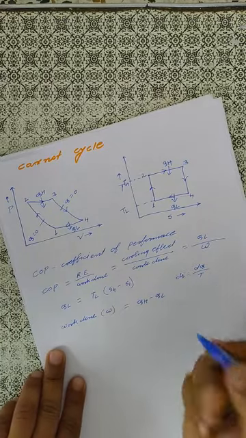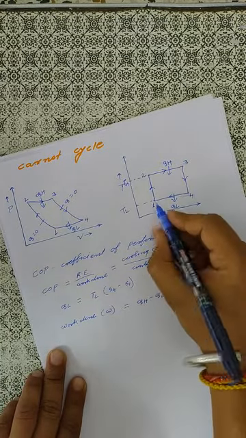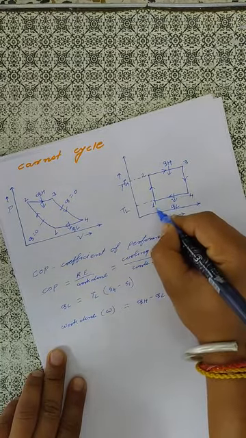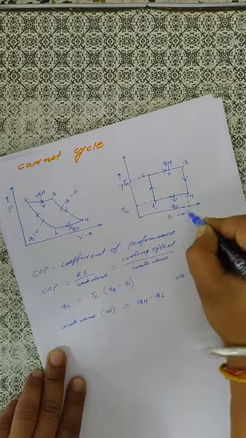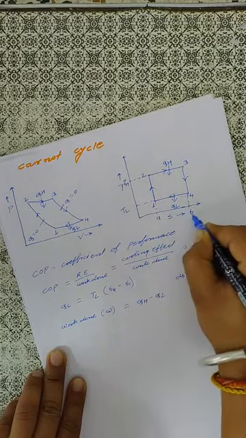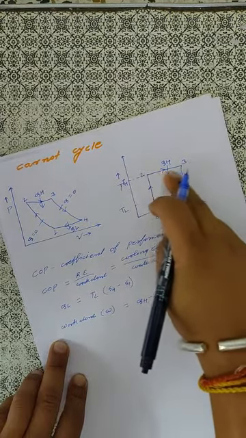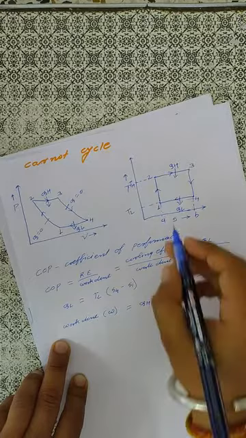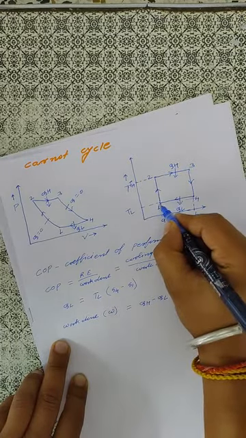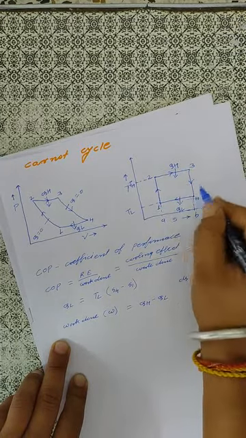Okay. Now here for calculation of heat transfer, we will extend this. This is A, B. We know that the work done is nothing but the area under the TS diagram, means the area of this rectangle 1, 2, 3, 4.